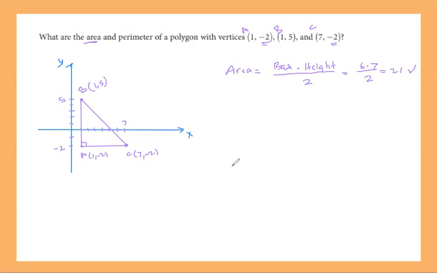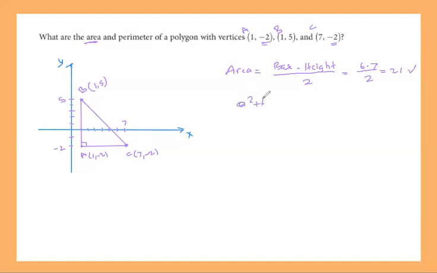But if you want to use the formula, you can get 6 and 7 a slightly longer way, so let me try that as my second solution. Because we have a right triangle, which is why we can use the Pythagorean theorem.